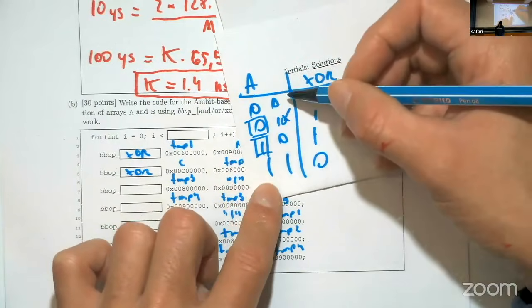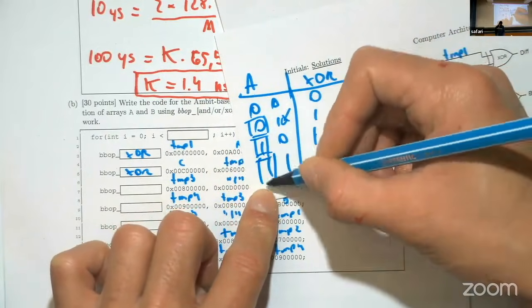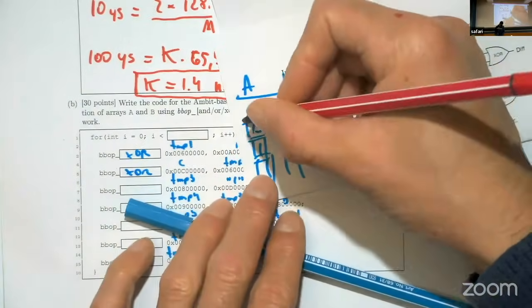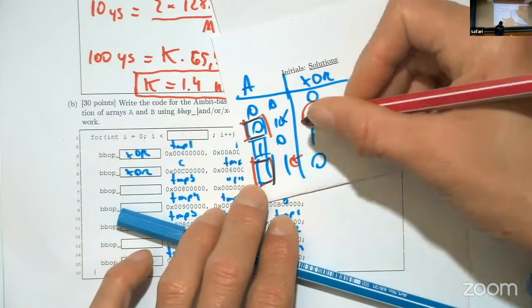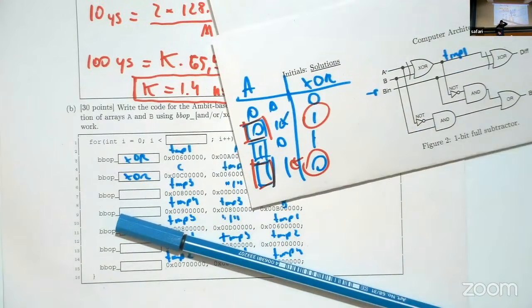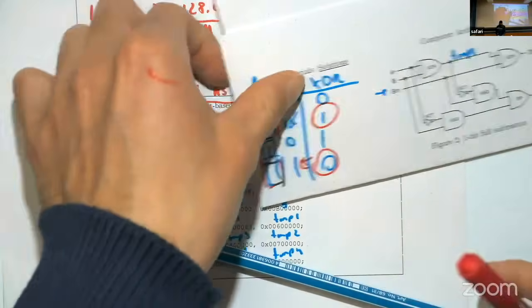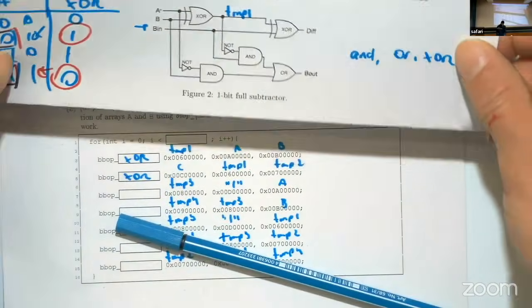I highlighted the wrong place here, it is here. This one and this one. And one here, one here. You're going to see the output is the negated value of A. So this is the trick of this question, is to figure out that you can do NOT using XOR. So you're going to continue translating.